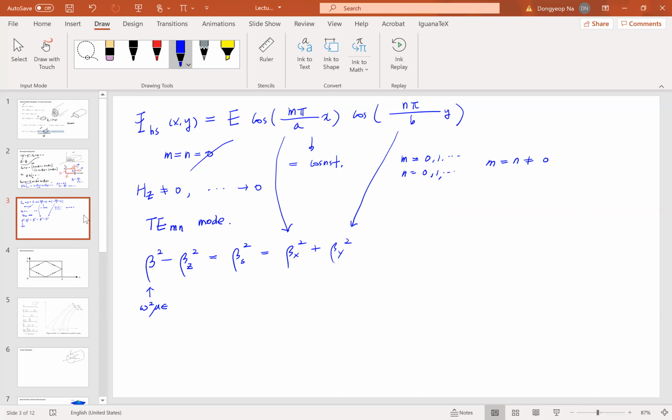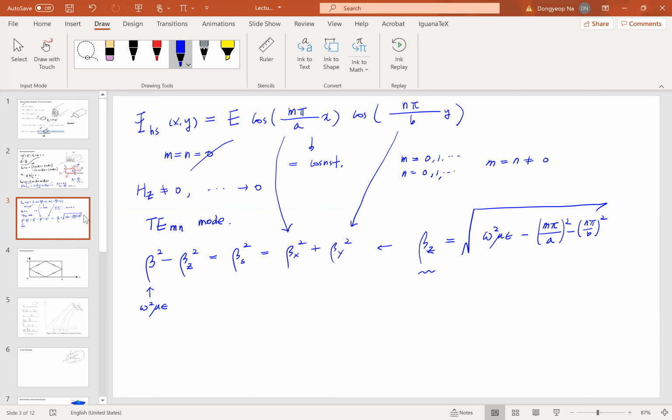So if we manipulate this dispersion relation in terms of beta z, beta z squared is omega squared mu epsilon minus m pi over a squared minus n pi over b squared. So it is the propagation constant along the z direction of this mode.